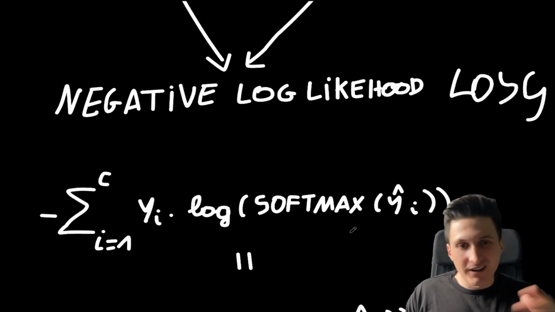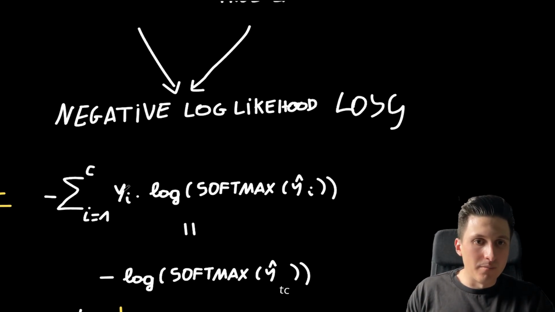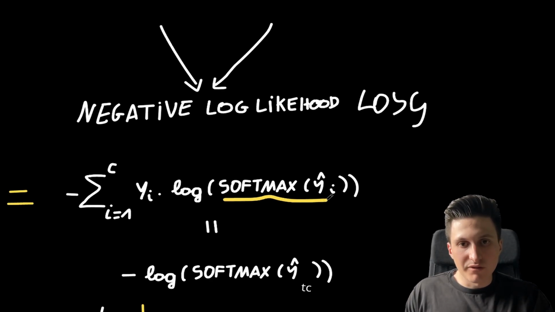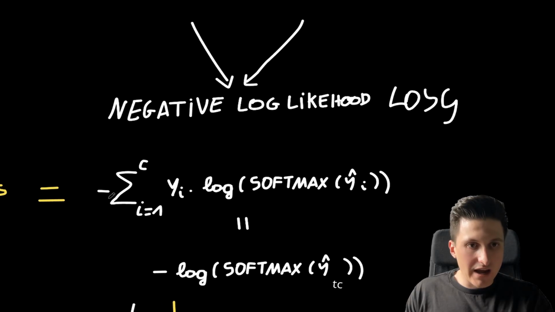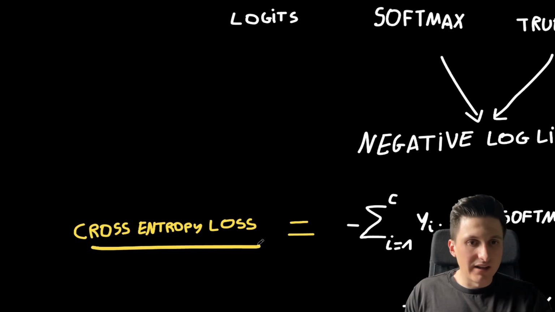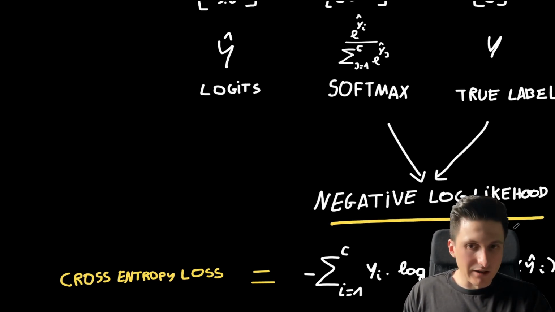And the negative log likelihood loss, what it does, it will just iterate over all the values in both the true label tensor and the softmaxed tensor, and it will multiply the number at position i in the true tensor times the logarithm of the softmaxed output at position i, and it will take the negative of that. And what cross-entropy loss then basically means is just first apply a softmax on the raw model outputs and then do the negative log likelihood loss.